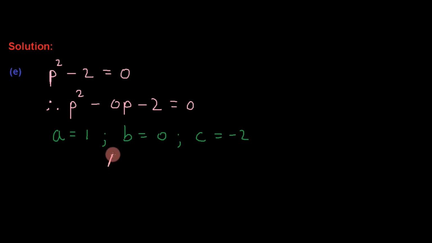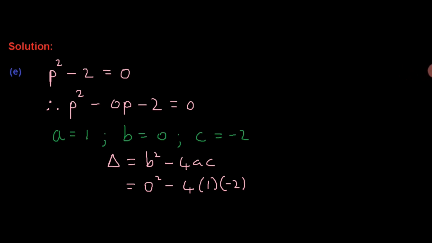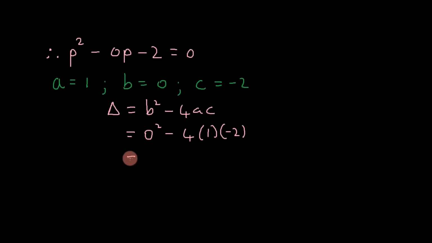So now we can find delta. So b squared will be 0 squared. A is 1. And c is negative 2. So this comes to positive 8. So we can see that delta is greater than 0, but not a perfect square.